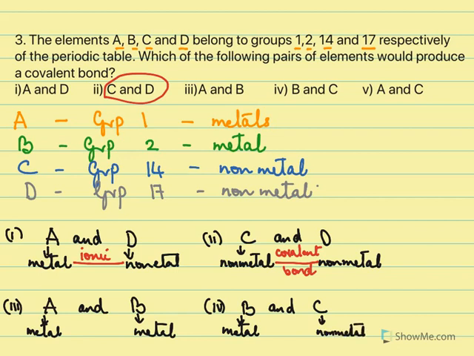So, the bond between them will be ionic, between a metal and a non-metal. And when it comes to A and C, now A we saw is a metal and C non-metal. Between metal and non-metal, always ionic bond. So, the correct option was only the second. Between C and D, you will have a covalent bond because both are non-metals.